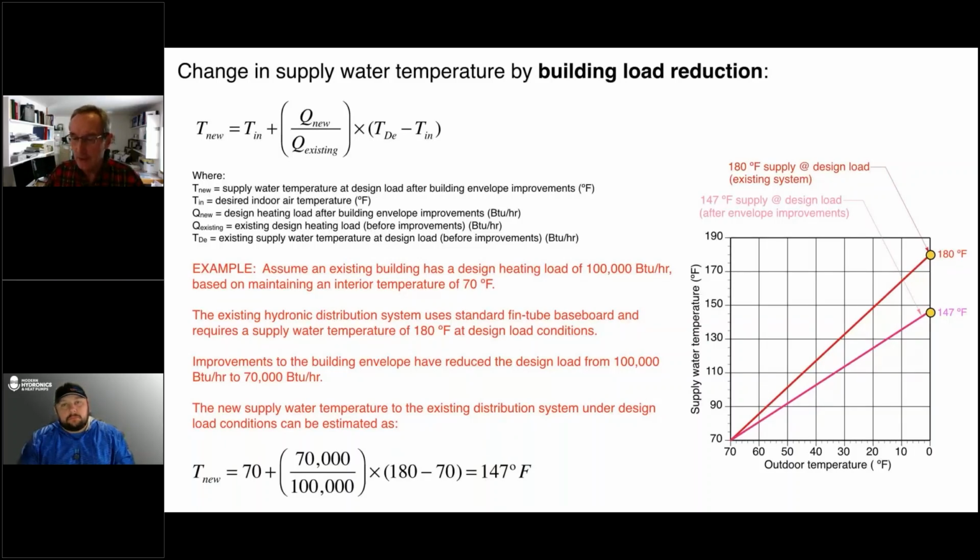Well, we only need maybe about 115, something like that at 30 degrees. So you can see under partial load conditions, we have water temperatures, even with an existing baseboard system, that are well within the range of what modern heat pumps can provide, both water-to-water geothermal and air-to-water heat pumps.